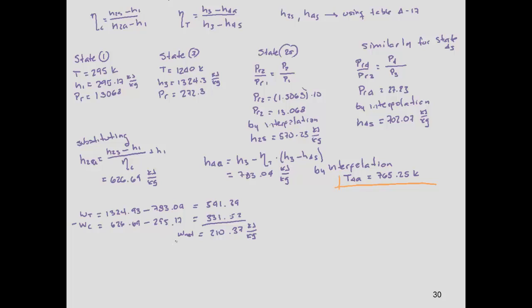If we divide this by Q in, and Q in is equal to 1,324.93 minus 626.69.